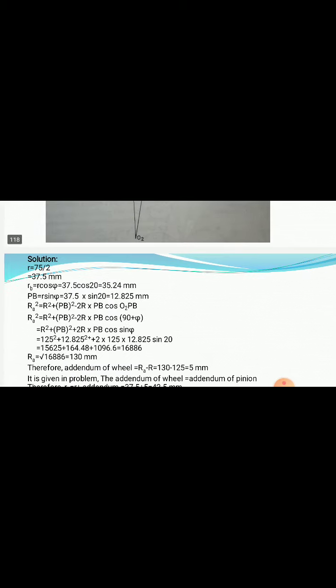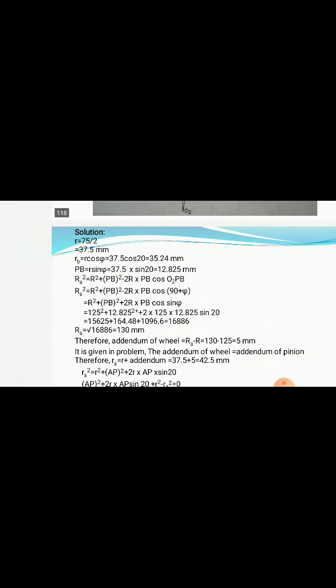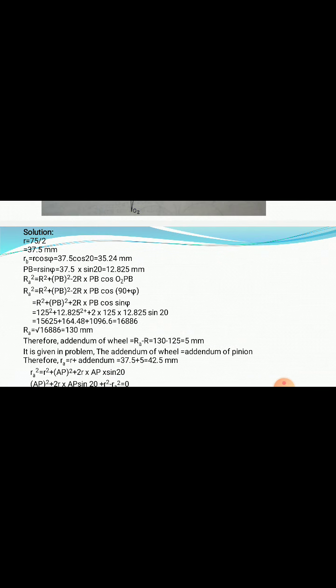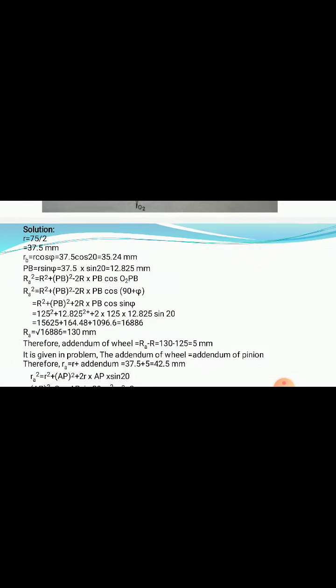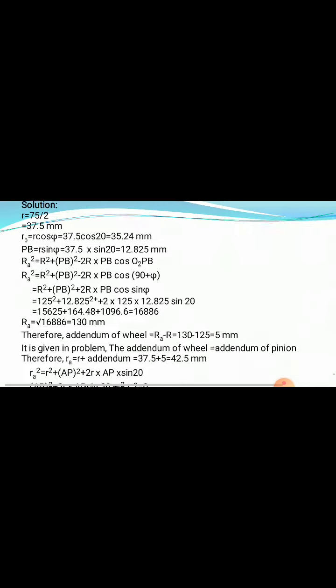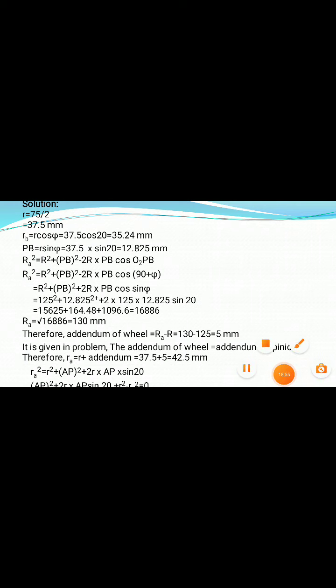With this diagram we move further. Here the pitch circle diameters are given, so we can find the pitch circle radius. The pitch circle radius R is d by 2; 75 by 2 is equal to 37.5 millimeter.